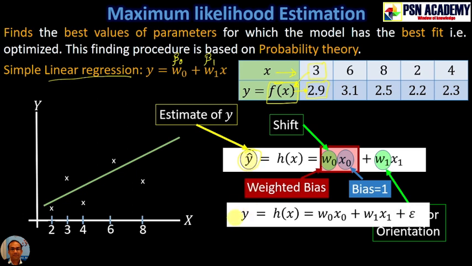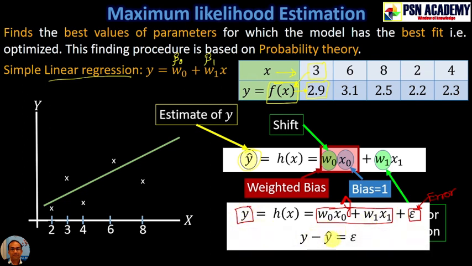So to get this y, you have the h of x, and it will go like this: w0 x0 plus w1 x1 plus the epsilon. This epsilon is the error term. So this part is your estimated y. That means your y hat. And you add this term, that is the error term, and you get the true y.